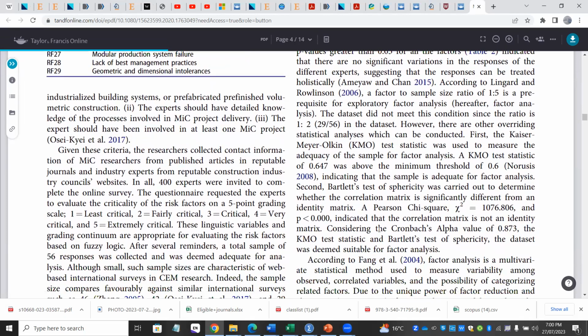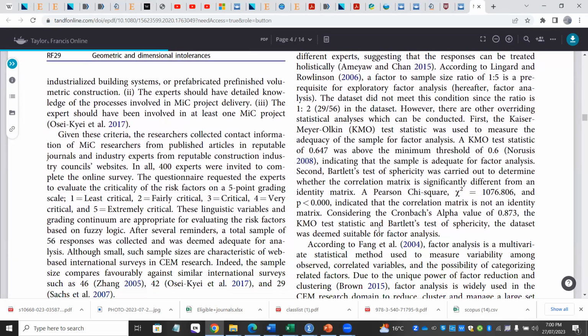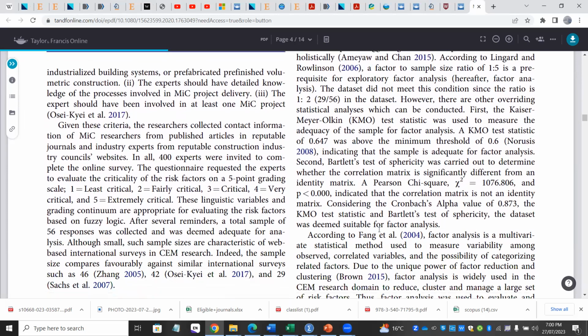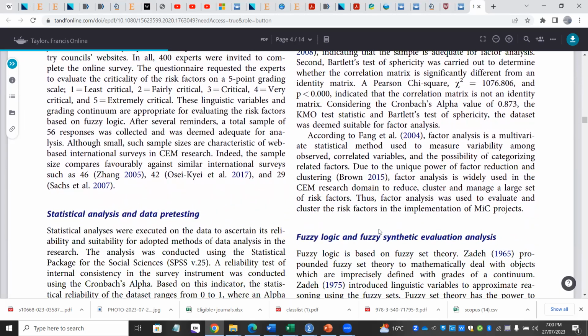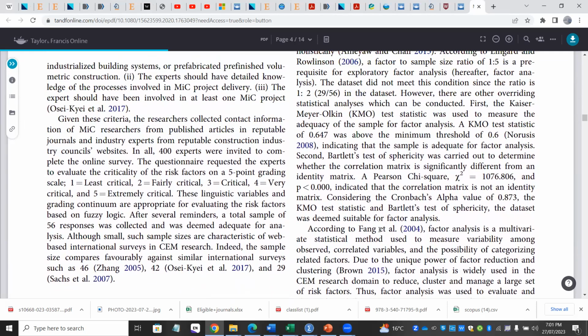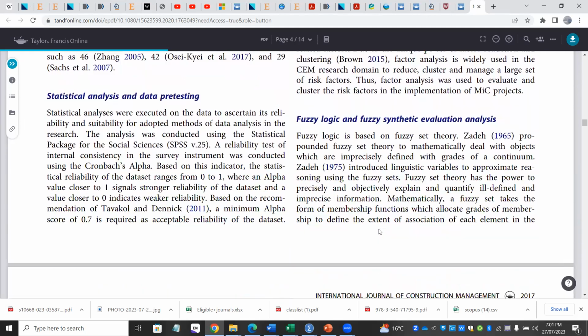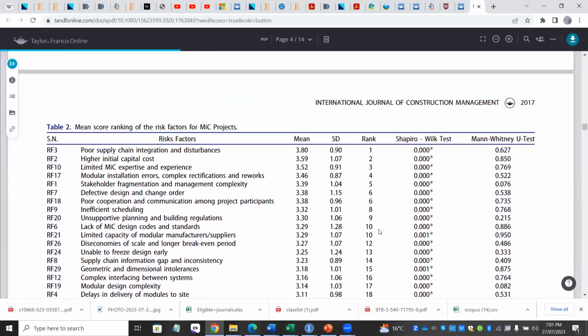And once again, he determined the Cronbach's alpha. Everything he did, he made sure that all the conditions relating to factor analysis were met. So he did that, and finally, he got his factor analysis results, which he has shown down here. So I want to show them to you.